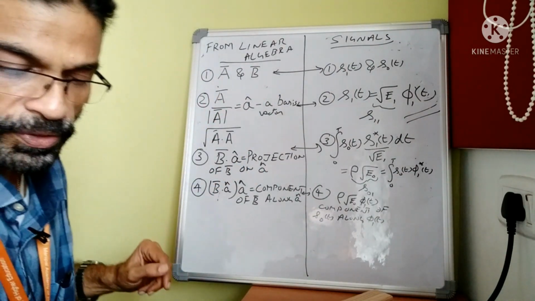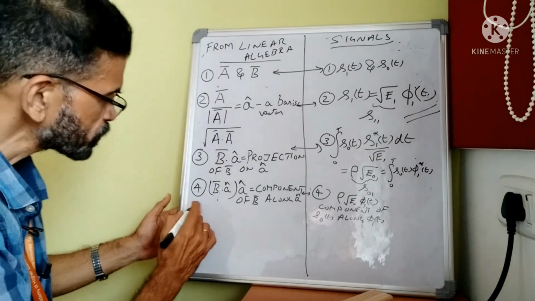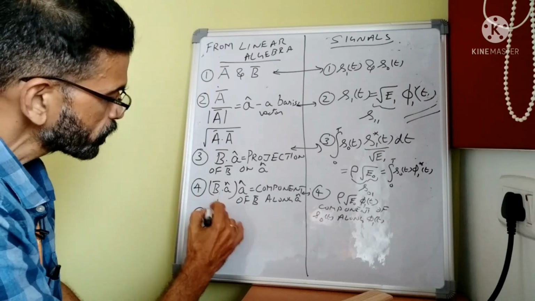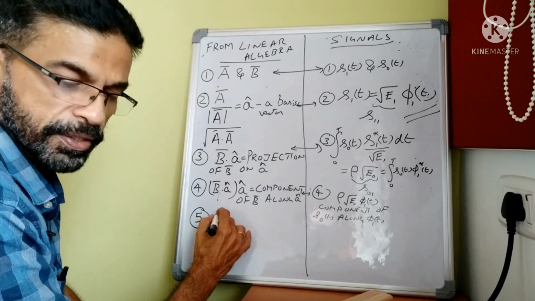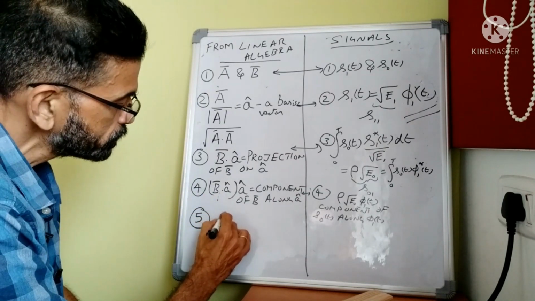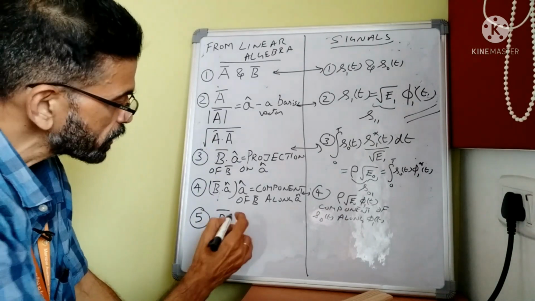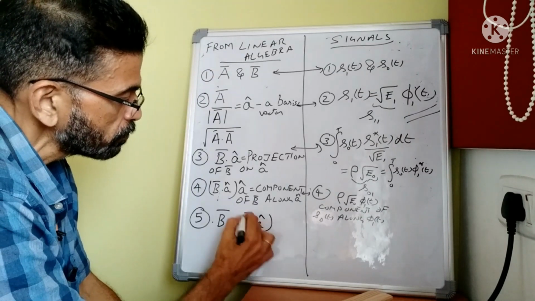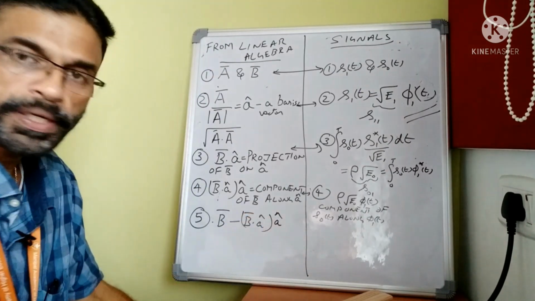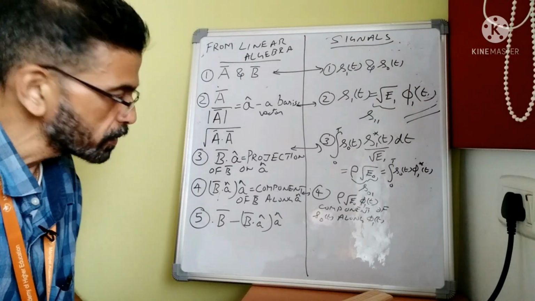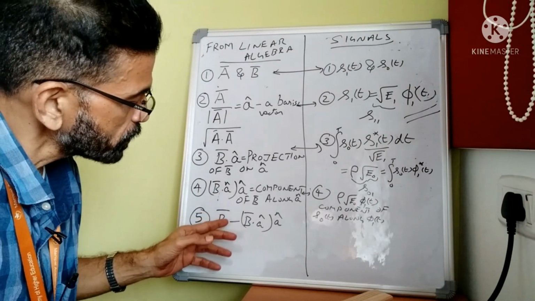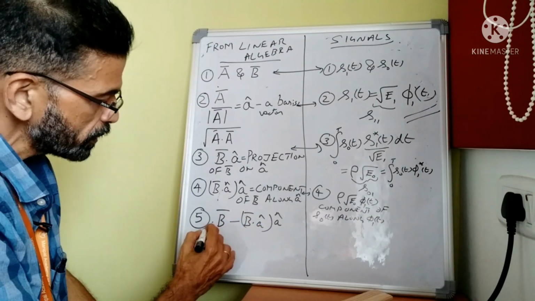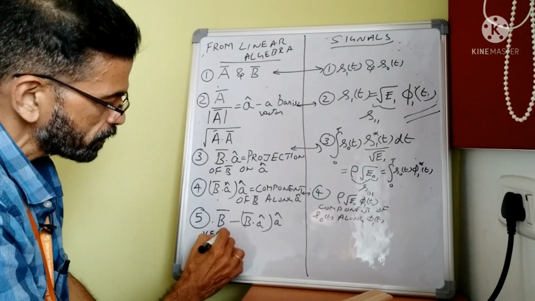Now the fifth step here is this. We take the vector B, and from that vector we subtract its component along A, and when you subtract from B its component along A, you get a vector.